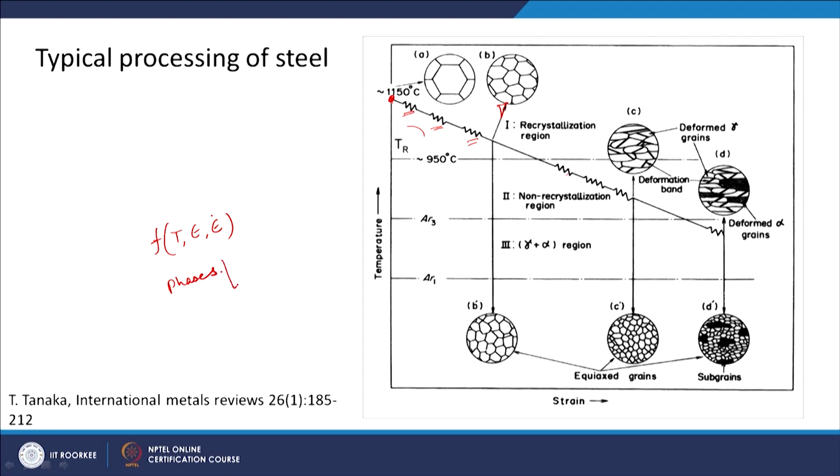Phases can be of different types. If we take only metallic materials, most of them will be in this region. Maybe some phase will be BCC, some phase will be FCC, some phase will be HCP, and they will have different types of deformation processes at the same temperature, strain and strain rate.